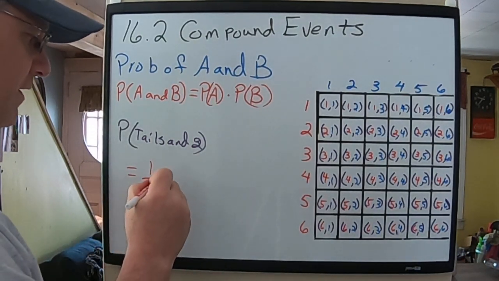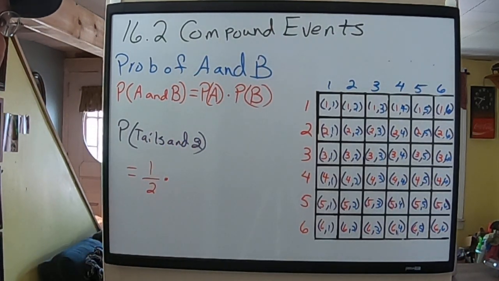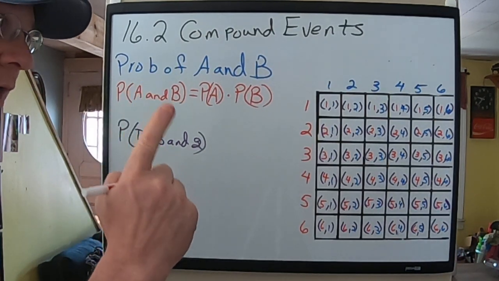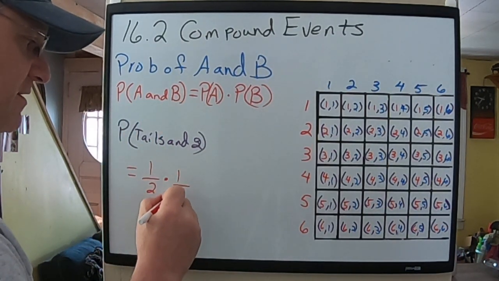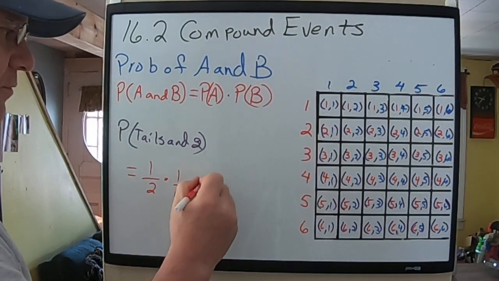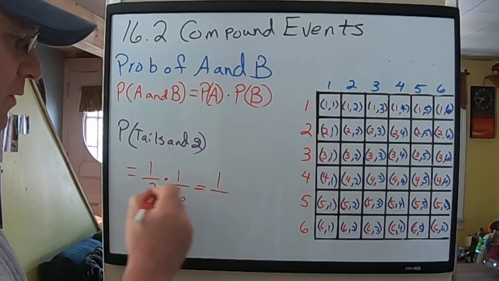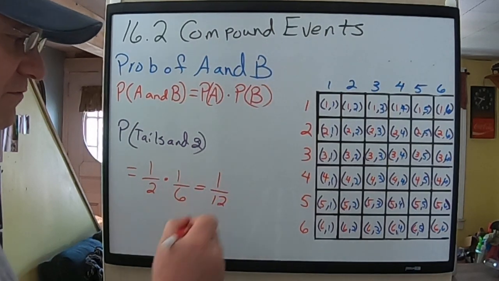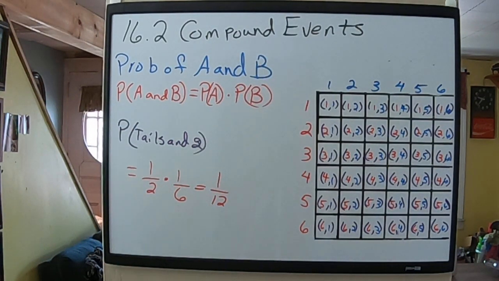Heads or tails. Times the probability of getting a 2 on a six-sided die is 1 out of all 6 possible numbers. So it's 1 times 1 is 1, 2 times 6 is 12. That's how easy it really can be.